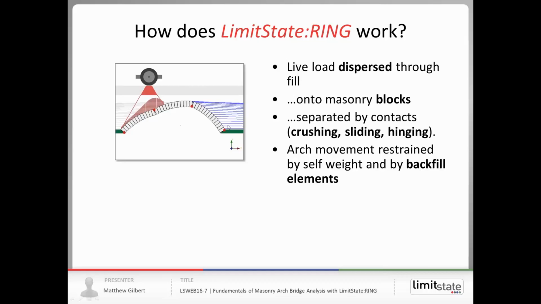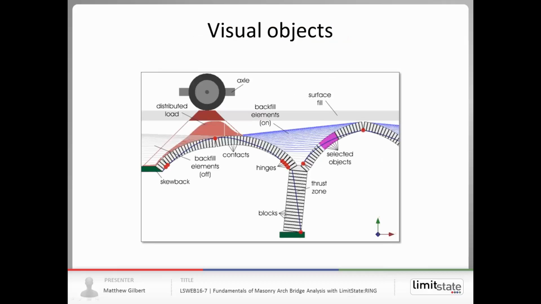So in other words, they're mobilized if the arch moves into them, and there's no pressure exerted if the arch is moving away from them. And here we can see the main objects used in the software shown on screen. So hinges in red, a thrust line in blue, etc.